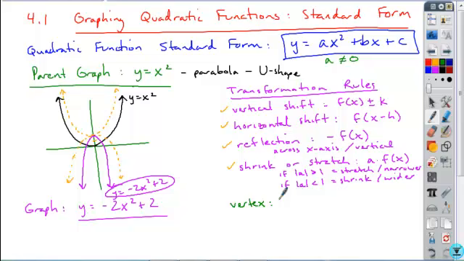Okay, so the x-coordinate for the vertex of a quadratic equation can be found at the value negative b over 2a. So if you look at the standard form and you take the coefficient of the first degree term and multiply by a negative, and then divide by twice the coefficient of the second degree term, the leading coefficient, that's going to give you the x-coordinate of your vertex.